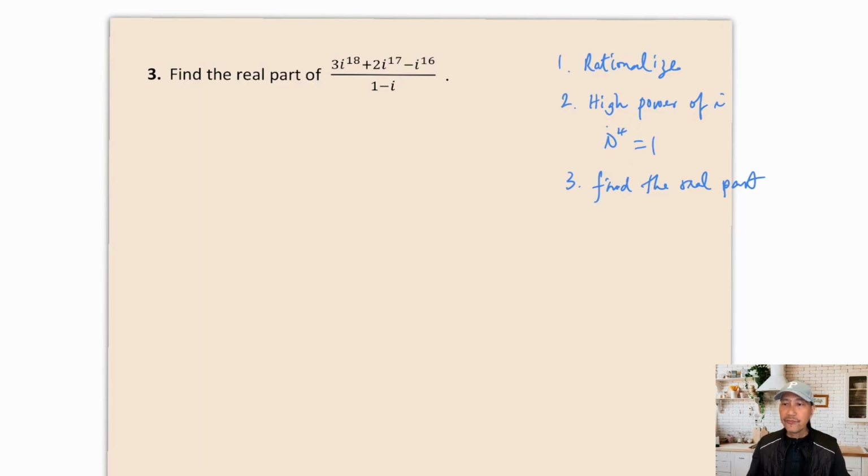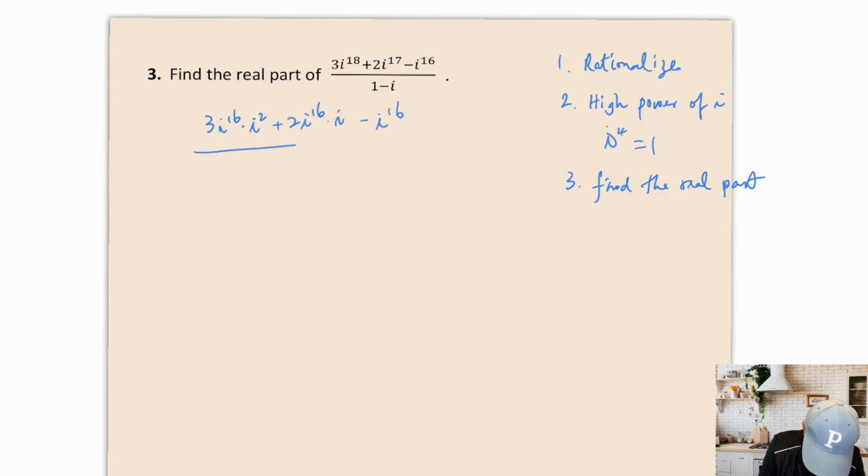Okay, first thing first, perhaps we simplify the numerator. Okay, 3i to the power 16 times i squared plus 2i to the power 16 times i minus i to the power 16. Okay, because i to the power 4 is equal to 1, i to the power 16 is the same, is equal to 1.